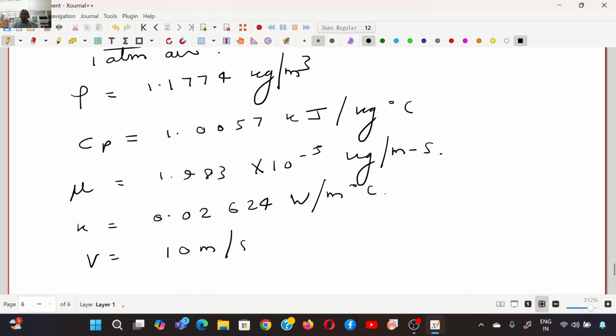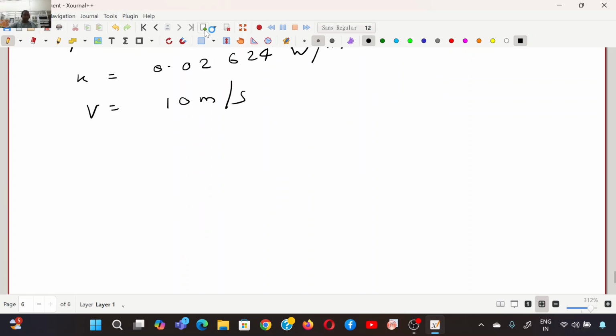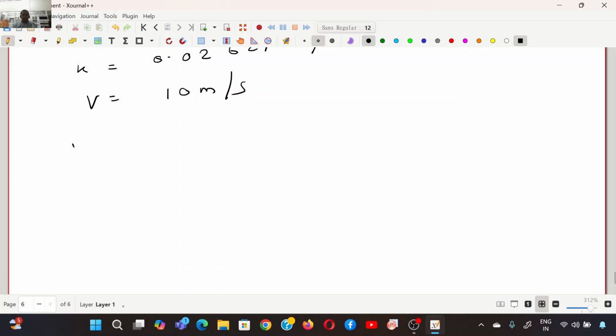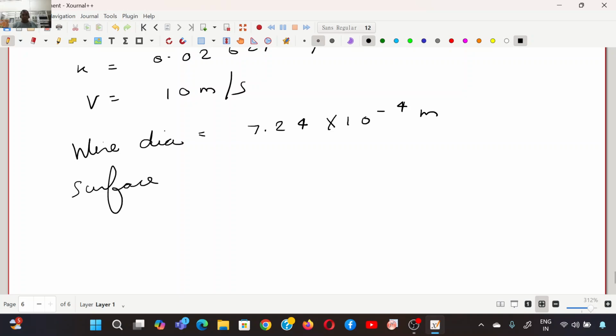Velocity of the crossflow is given as 10 meter per second, right? So what's the wire diameter? It's 0.724 millimeter now, or 7.24 into 10 to the power minus 4 meter. Surface area is pi D L. The basis you took as 1 meter now, so repeat that.